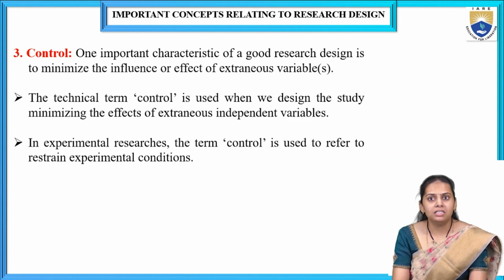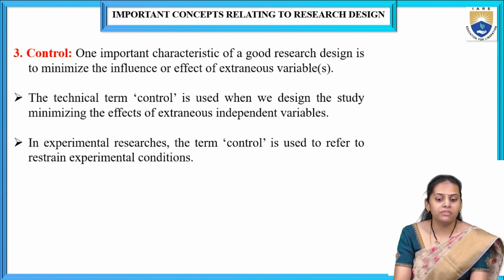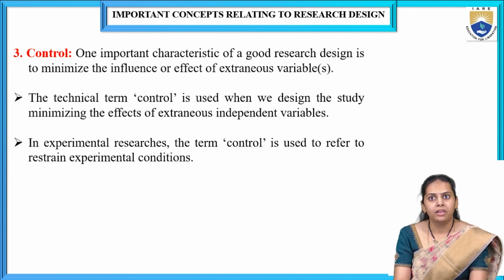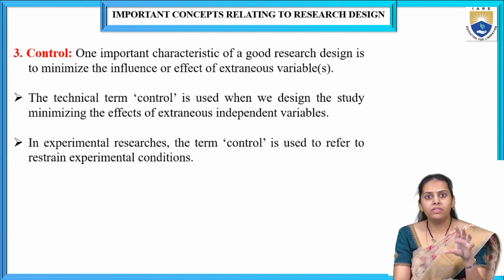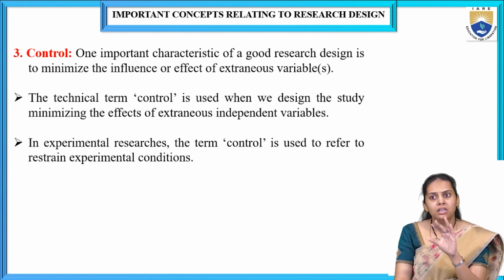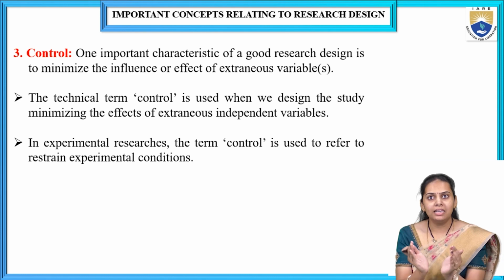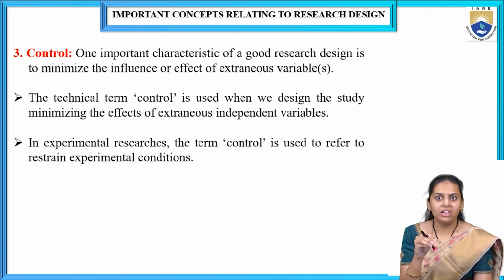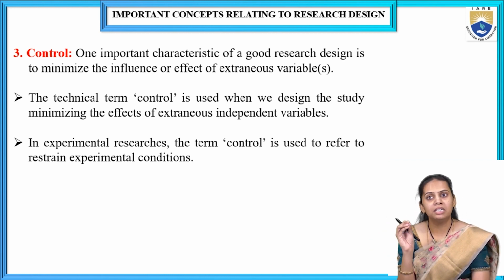In experimental research, the term control is used to restrain experimental conditions, because the word itself mentions that it is making some certain control to that design. With this, the design will automatically have more impact by minimizing the effects of extraneous independent variables.